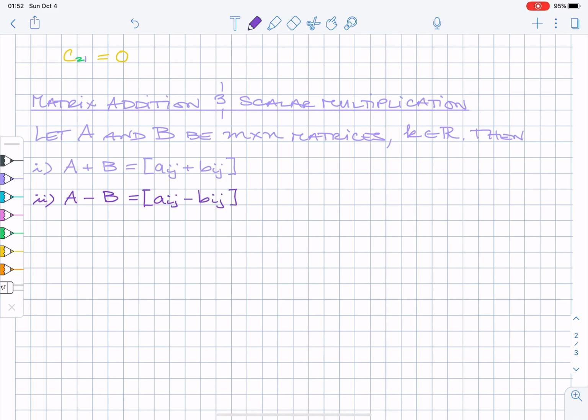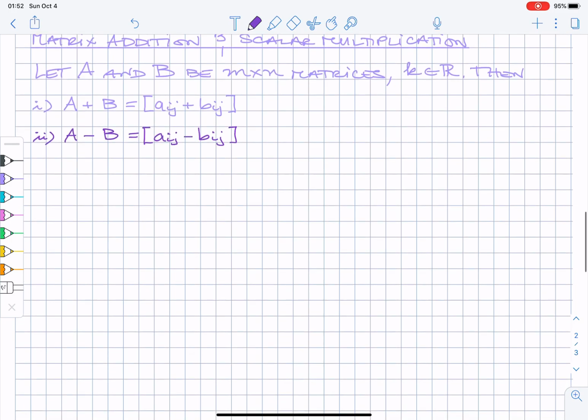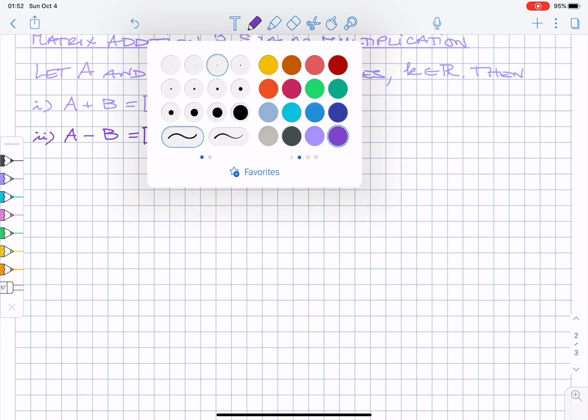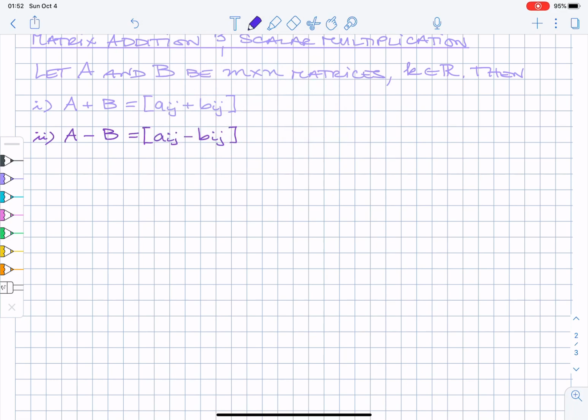That is, we subtract corresponding entries. And finally, number 3, if I have K times matrix A, I take each entry in the matrix and multiply it by K.